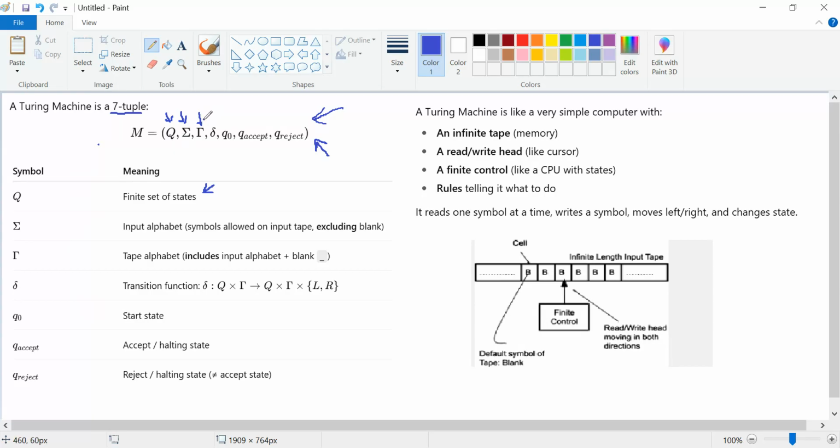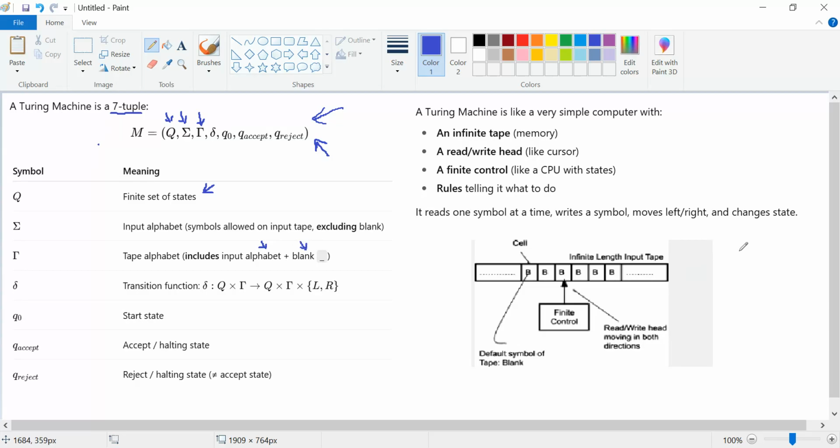This is the new thing that you'll have in Turing machines, because a Turing machine has something called a tape, and the tape can include both symbols from the input alphabet and also blanks.